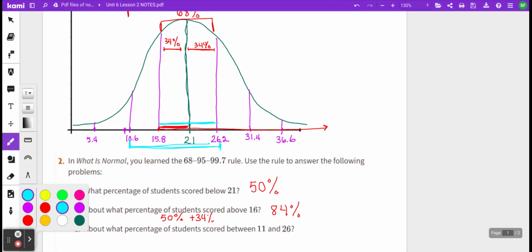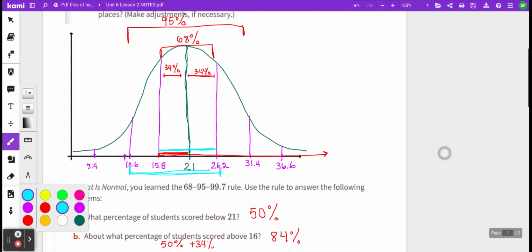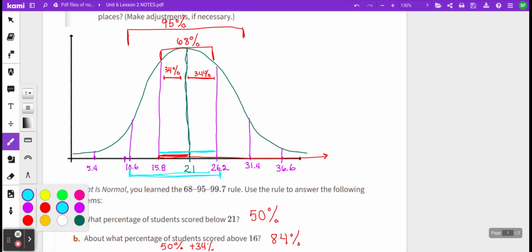Okay, so we have to think, we could do it a couple different ways, but we know from here to here, it's 95%. And if we divided 95 in half, so from here to here, that would be 47.5%.